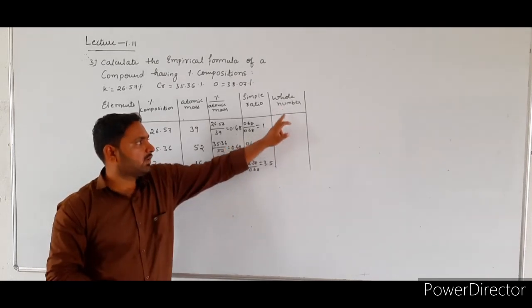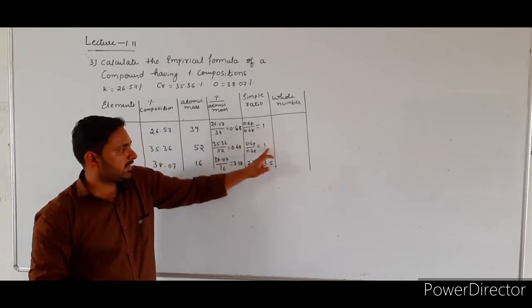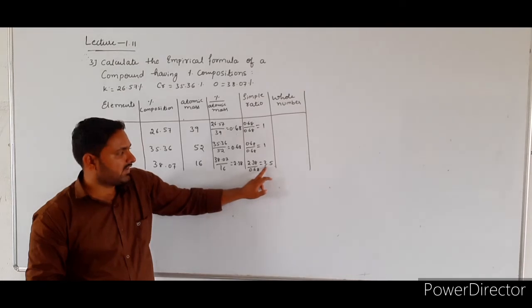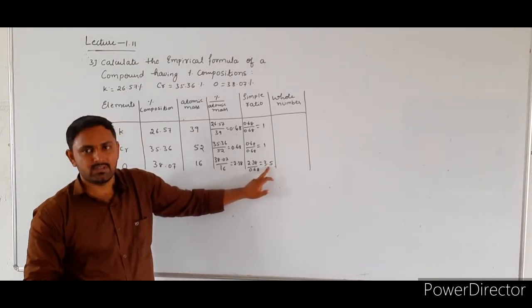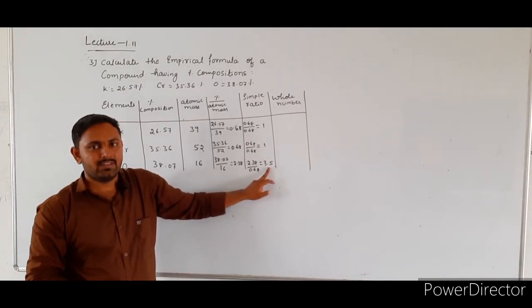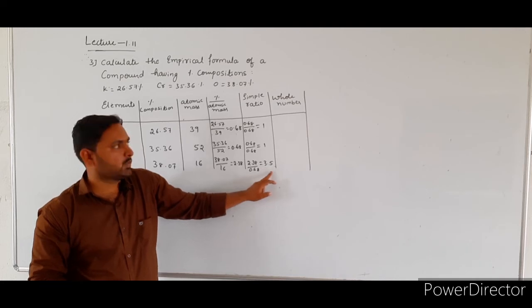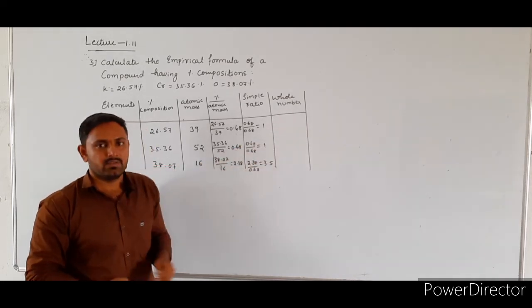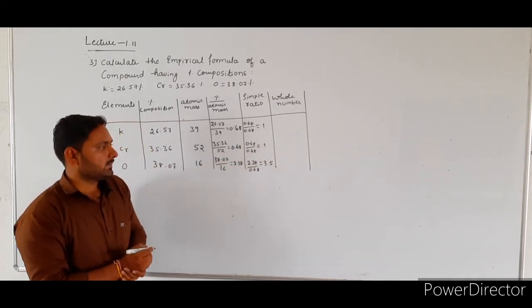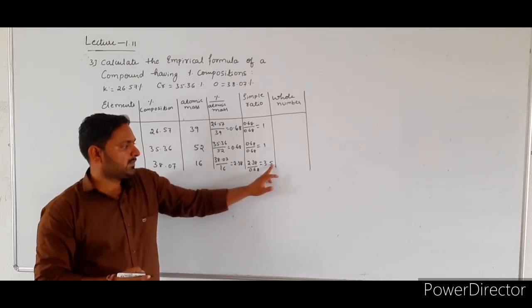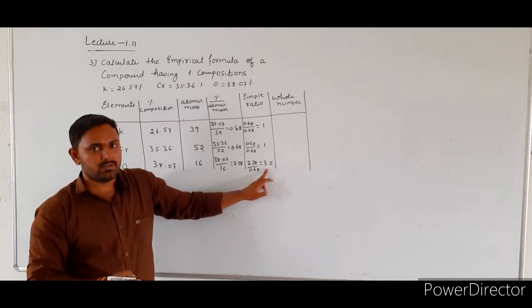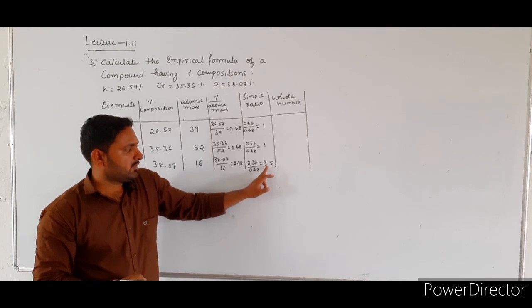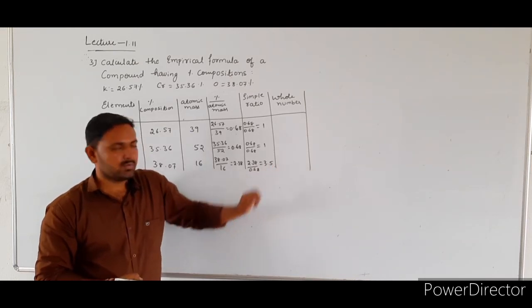Now you have to write whole numbers. These simple ratio numbers are in fraction. This number is in fraction. So you have to multiply with a suitable number to get whole numbers. If you multiply with 2, the 3.5 will convert into 7.